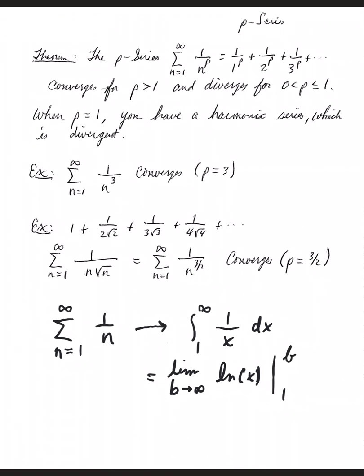And then we evaluate at b, that's ln of b, minus ln of 1, which we know goes to 0, so I can cross that out. And then as b goes to infinity, this does too.